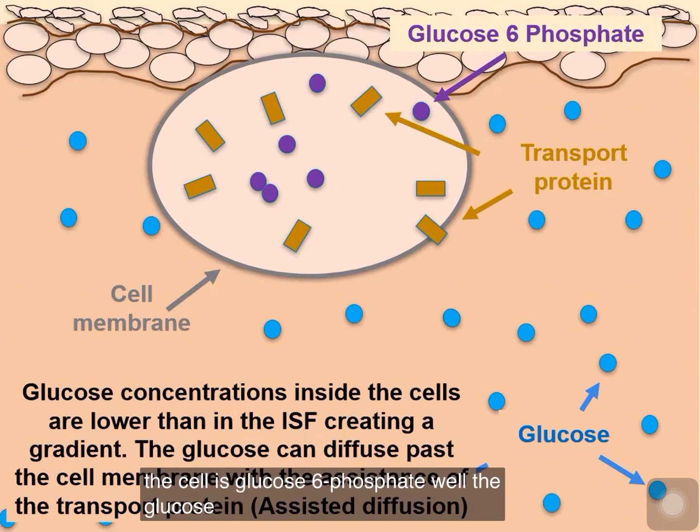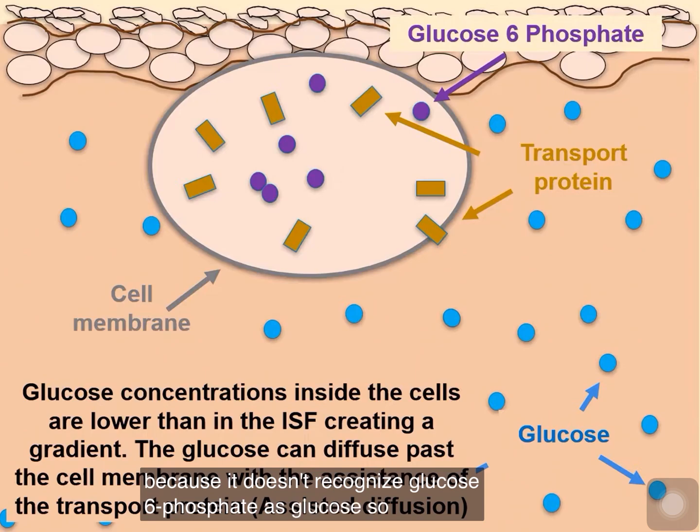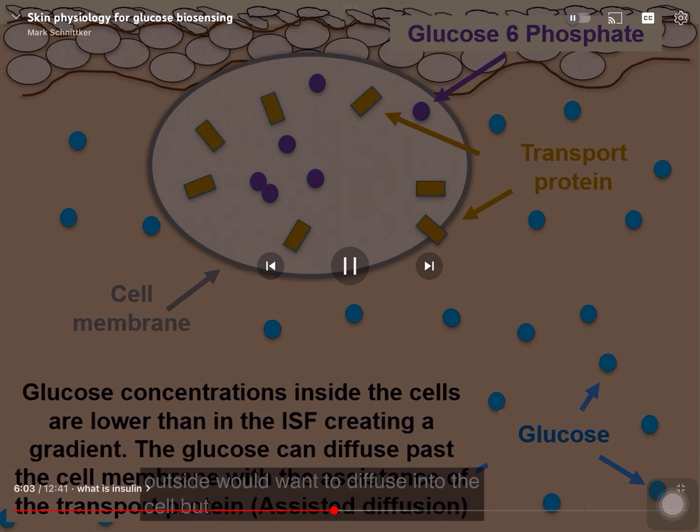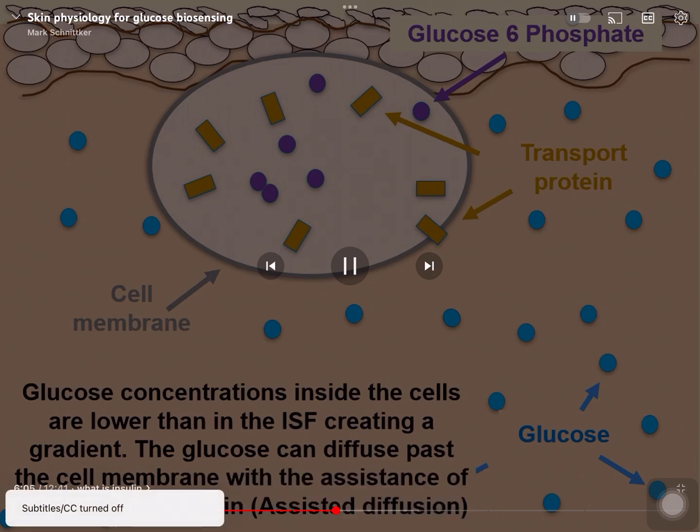Well, the glucose outside of the cell in the interstitial fluid sees a low concentration of glucose inside the cell because it doesn't recognize glucose 6-phosphate as glucose. So that glucose outside would want to diffuse into the cell, but it can't get past the cell membrane.